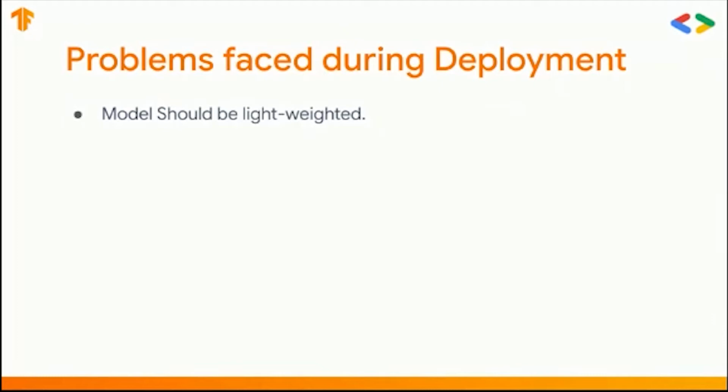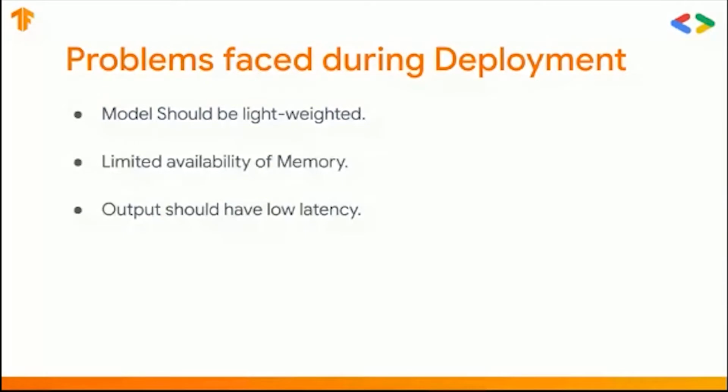If you're doing it on a server, it is a different issue, but it's also expensive. It is not cost effective. Then there is low availability of memory in edge devices like smartphones and Raspberry Pi. And your output should have low latency, because if your model is taking time for prediction, then it will destroy the user experience. So it will be very beneficial if your model is lightweight and has low latency.